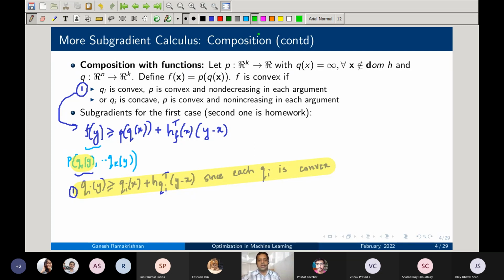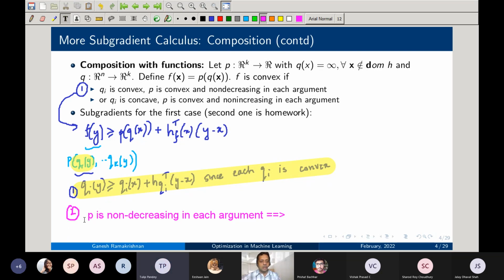Step number 2 is that P is non-decreasing in each argument. There's only one P. So what will this imply? And the fact that P is also convex, that's a third point we'll make use of.